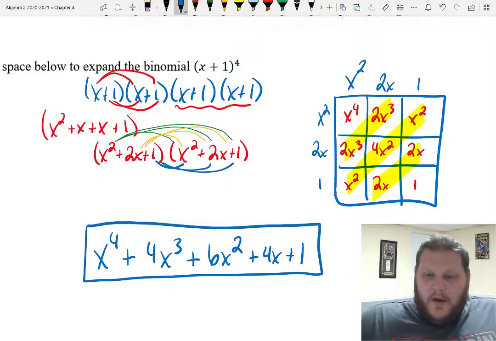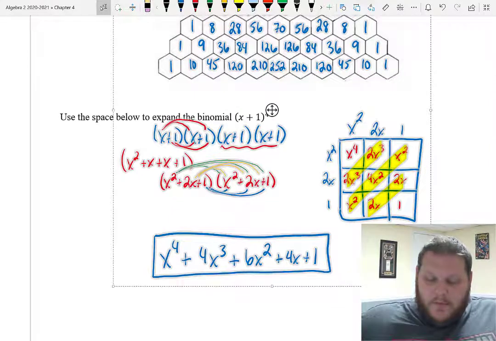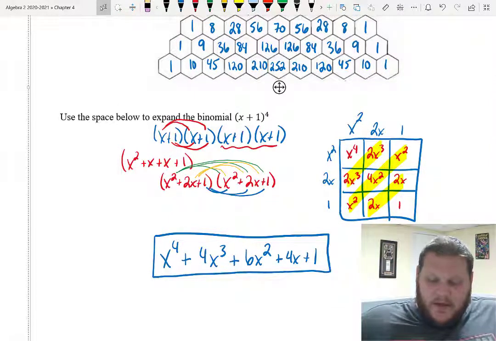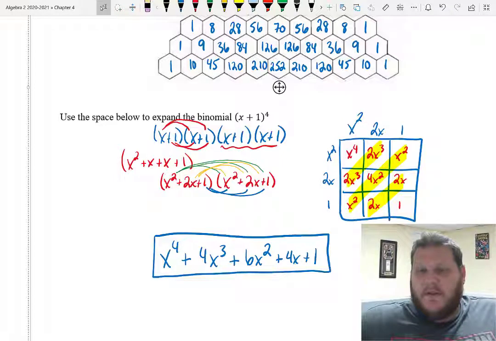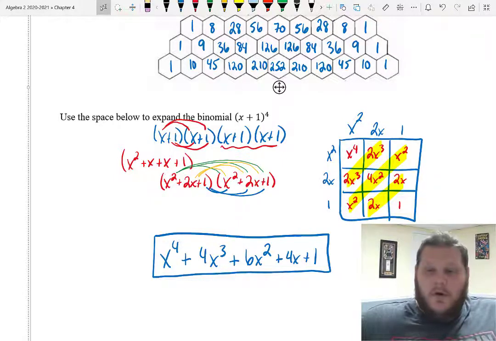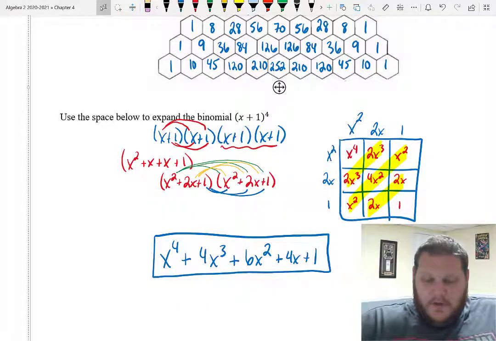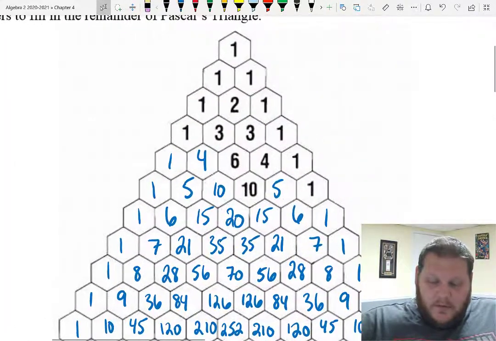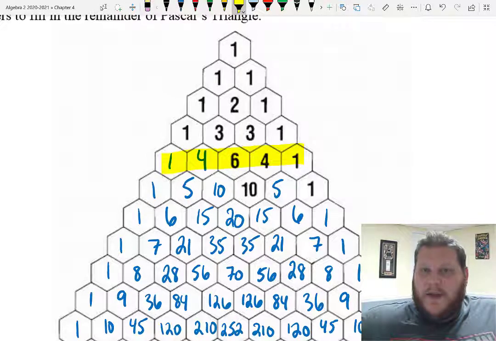Now, where Pascal's triangle comes into play here, if we look at the coefficients of this final expansion, they were 1, 4, 6, 4, and 1. And if you look back up here, we actually have 1, 4, 6, 4, 1 as one of the rows in Pascal's triangle.